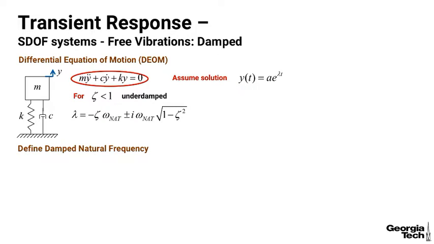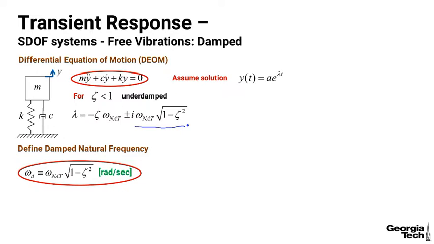Now I can define the damped natural frequency as the coefficient of the imaginary i term. Omega damped is defined as omega natural times the square root of 1 minus zeta squared. Again, 1 minus zeta squared is a positive number, and we see that it's going to be less than 1.